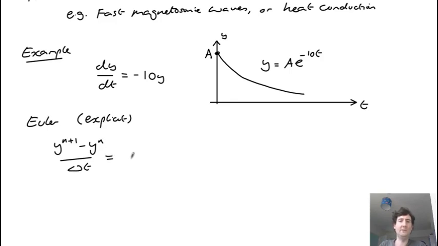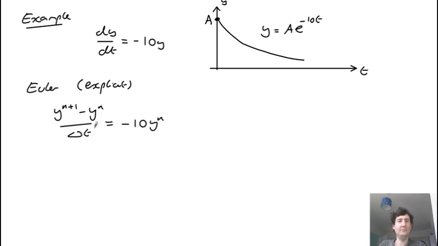And in an explicit scheme, this depends on the value of y at the current time step, so it's just minus 10 y_n. We can then rearrange this equation because it's a simple function of one variable. We can just write y_{n+1} is just y_n, and then here we have this factor, so we have a minus 10 times delta t. I'll just write this 1 minus 10 delta t factor there.